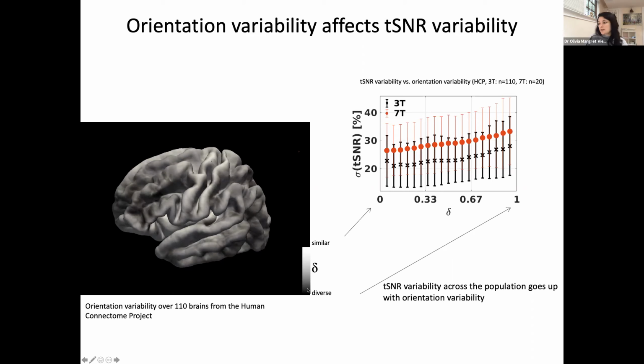We can see that in the darker areas, which are more orientation diverse, the tSNR variability goes up. And in the bright areas, like somatomotor here, this is where tSNR is more similar across us. And tSNR often being interpreted as detectability somewhat suggests those areas might have a more homogeneous detectability and the dark areas have a more heterogeneous detectability.